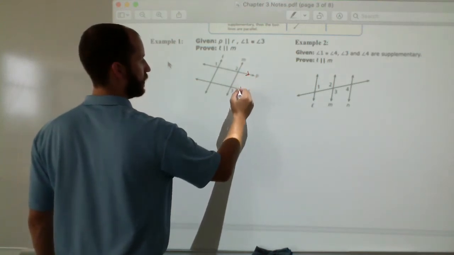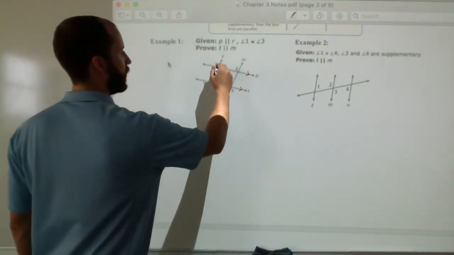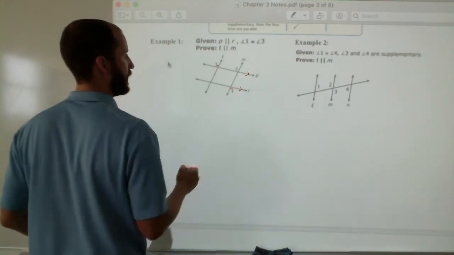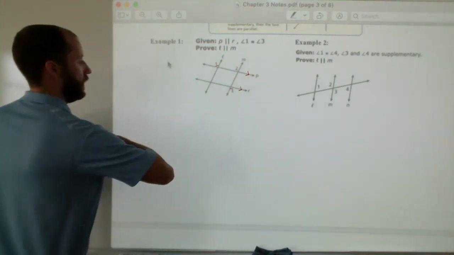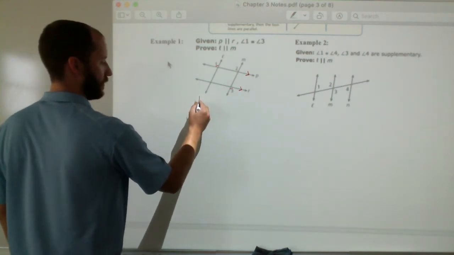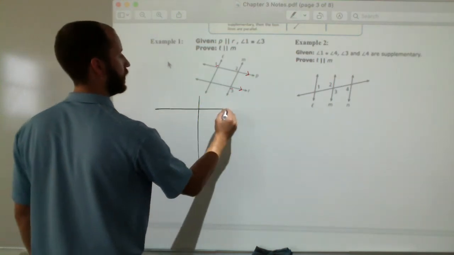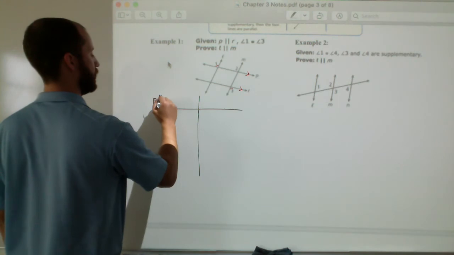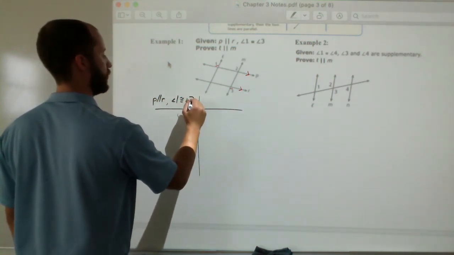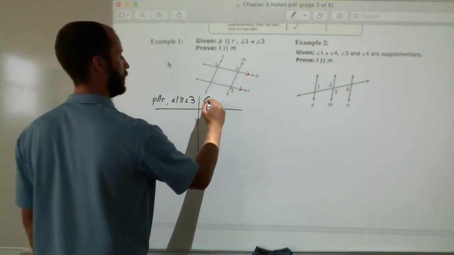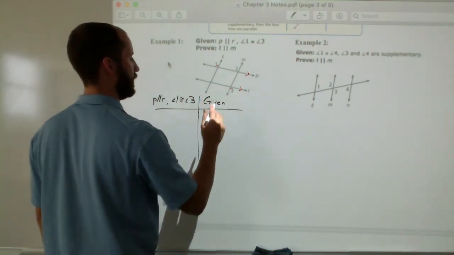It's good to know. Then we have angle 1 congruent to angle 3. So marking up that diagram, okay? And then let's go ahead and write all this out. So our two columns. P is parallel to R, angle 1 is congruent to angle 3. That is our given information.